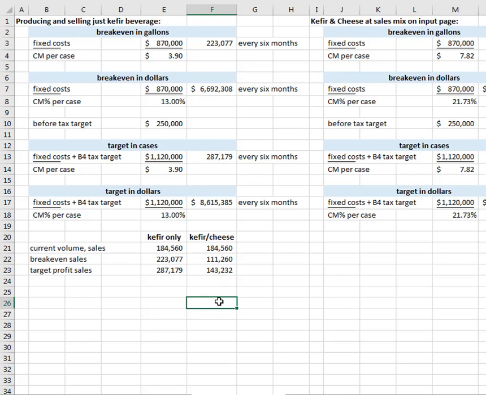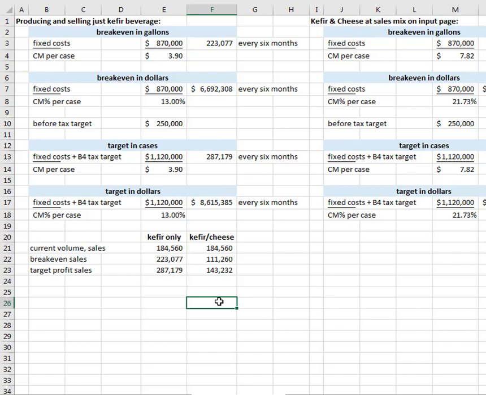So you can play around with the model and decide what kind of recommendations you can make. Remember that just because you produce it doesn't mean that there's sales demand. So be sure to be humble and professional in your recommendations, that just because you dreamed it up doesn't mean that it's correct. So be sure to include in your recommendations any possible flaws in it, any possible limitations, any time that it might change.